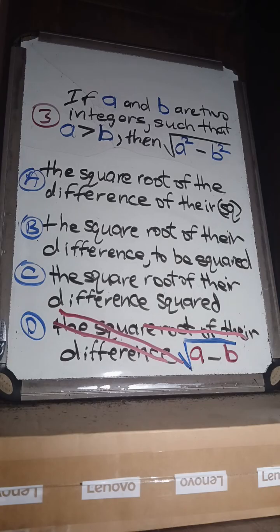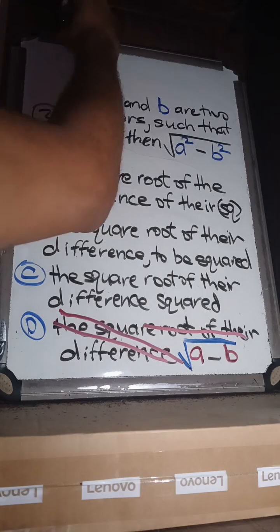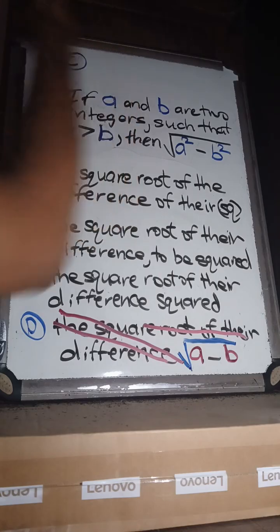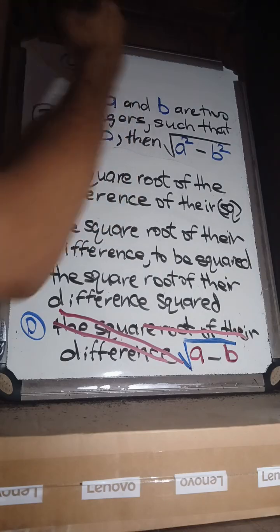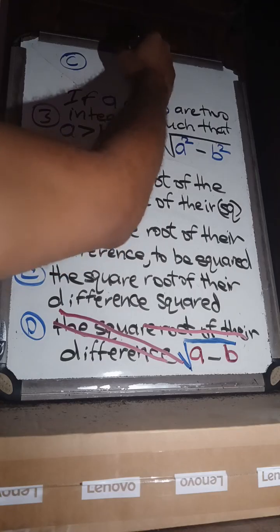So let's go up to C. The square root of their difference squared. Okay, let me tell you what that looks like. I might have to draw it up here. So for C, just so that C makes sense, the square root of their difference squared. What is their difference squared?